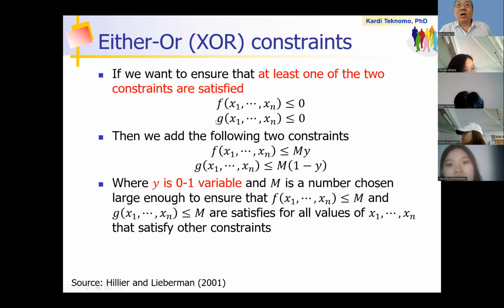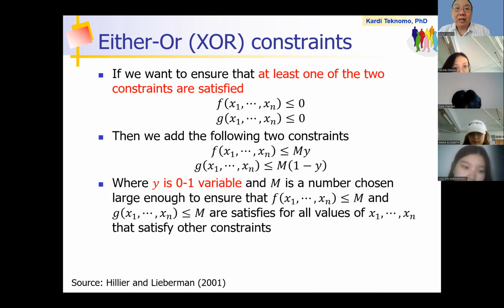You can also use SOR, that means at least one of the 2 constraints must be satisfied. So you can use a large number M to create this constraint. If you want to go into more detail, read the reference book by Hillier and Lieberman.